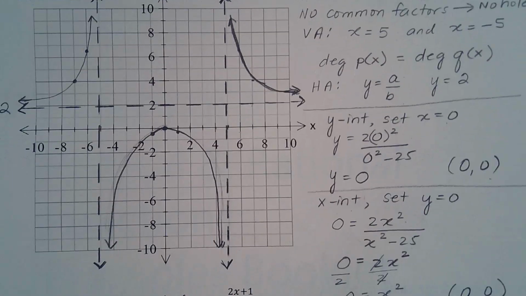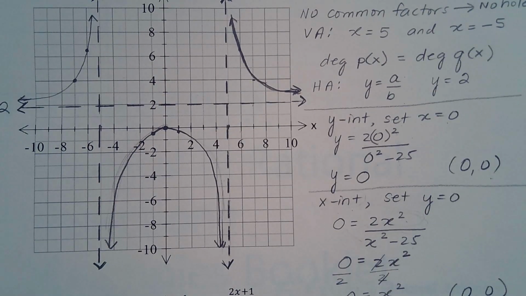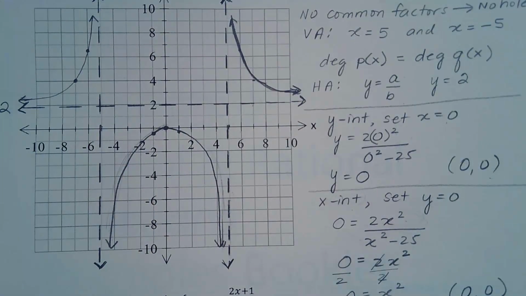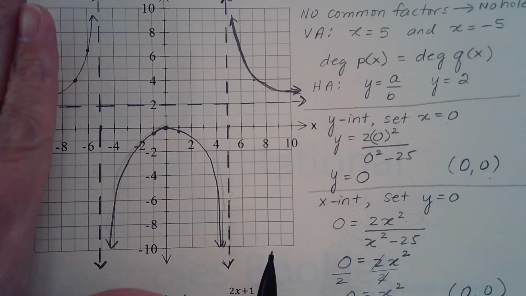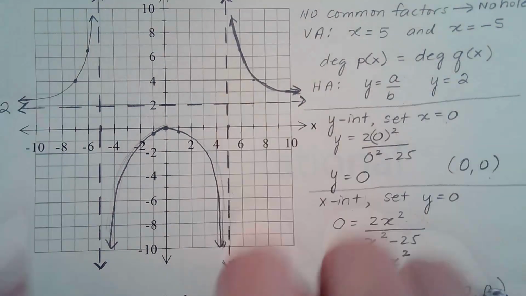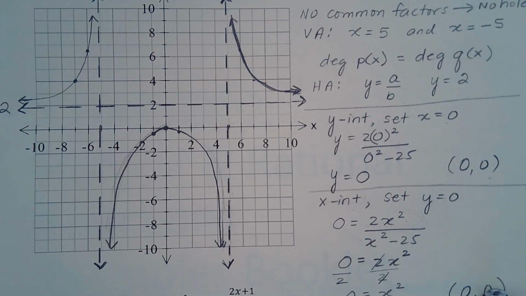My question is, how do I know how many pieces, like 1, 2, or 3, the graph comes in? Well, it depends on your asymptote.